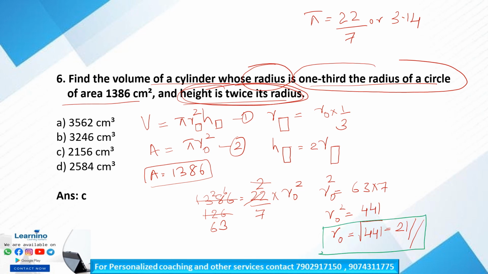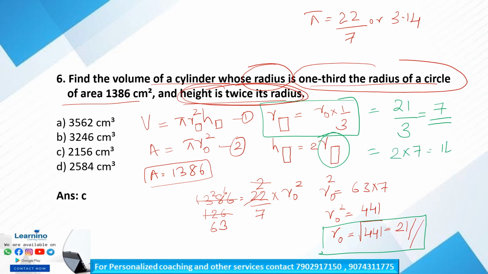Okay. So, from that we will get the radius of the cylinder, right? So, 21 divided by 3 is equal to 7 is the radius of the cylinder. From that we will get the height of the cylinder, right? So height of the cylinder is equal to 2 into 7 is equal to 14. So our aim is to find the volume of the cylinder, right? Equation number 1.